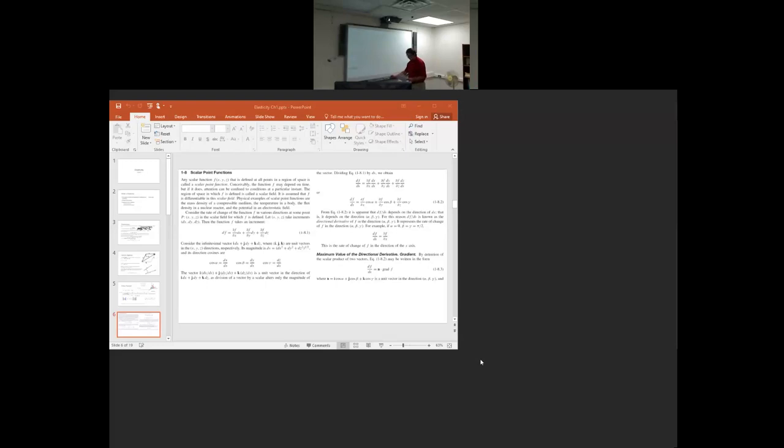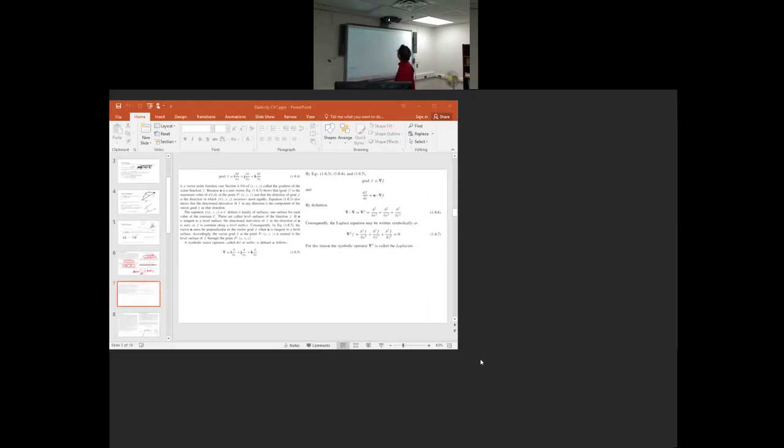So this is what we are going to know, and the gradient obviously is given by the nabla form. Like here, the gradient of f is the derivative df/dx times i, plus y and z.